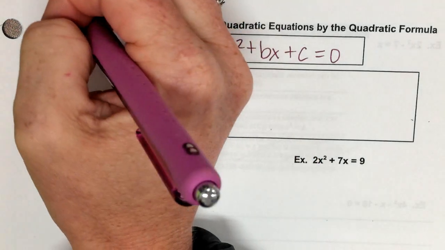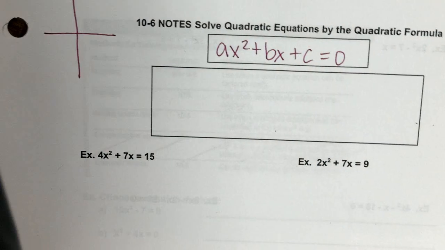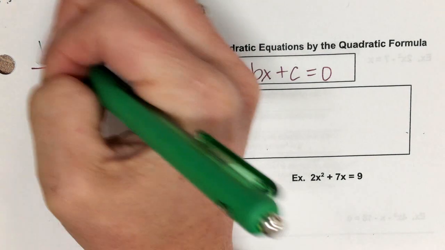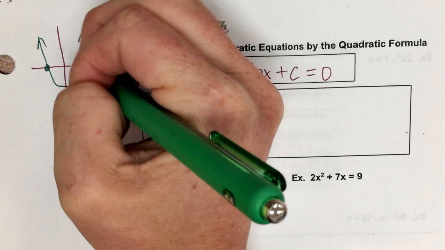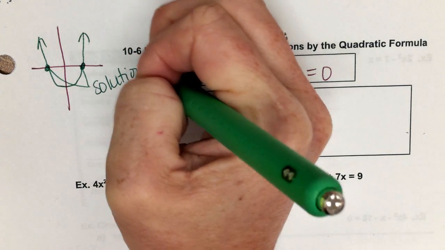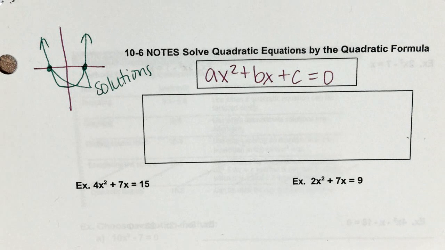So if I graph a parabola, these two spots right here are my solutions, also called zeros, also called roots, and also called x-intercepts.